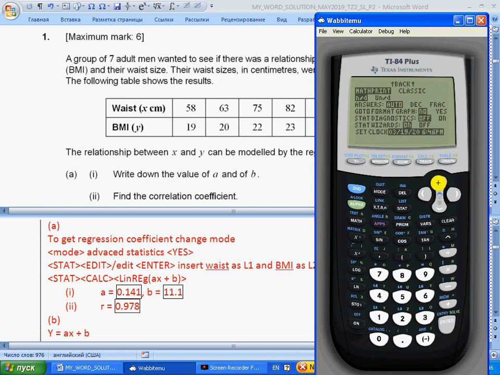We go on. Done. So we clear mode, quit. Now we press statistic, start, edit 1.